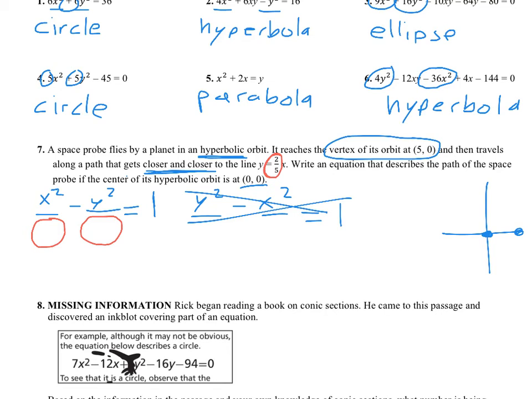So underneath the y squared should be a 4, and underneath the x squared should be a 25. So again, underneath y squared is 4, and we know that because if we take the square root of 4, we get 2, and underneath the x squared should be a 25, because if you take the square root of that, you get 5. So let's write it again. X squared over 25 minus y squared over 4 equals 1.